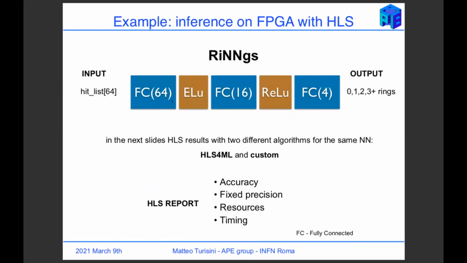We have a neural network trained to count the number of rings in an NA62 event. I'm going to show you some of the characteristics of the report, and we will start with accuracy first.